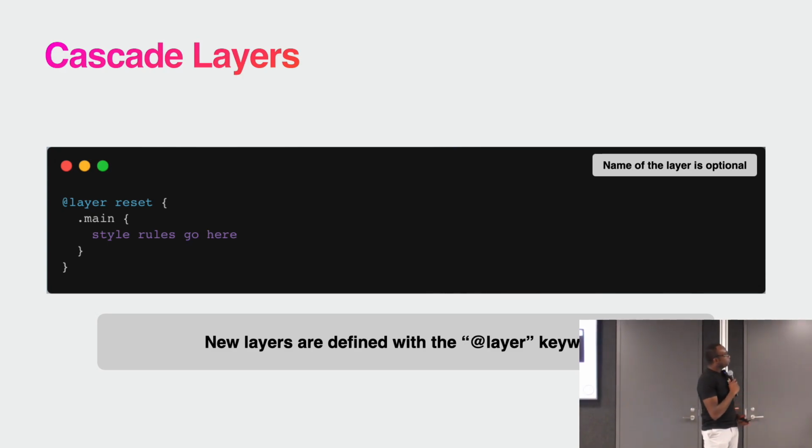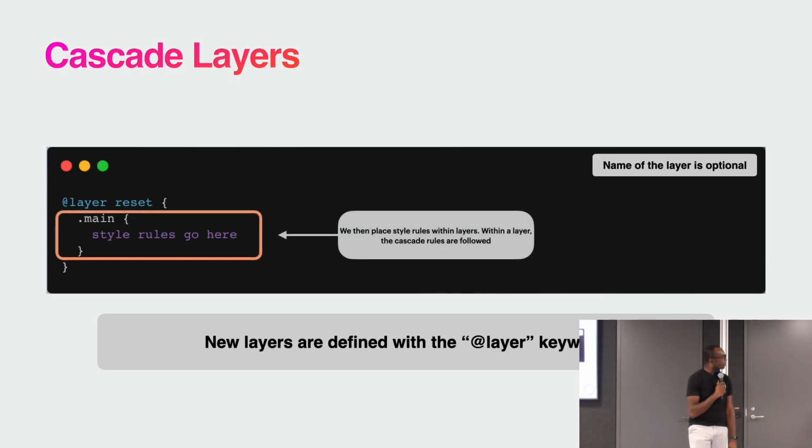If we do not include a name, then it's what's known as an anonymous layer. And this layer is going to be the highest specificity throughout before we get to any unlayered styles itself. So you can see here that we can now place our style rules directly inside the layer that we've created.